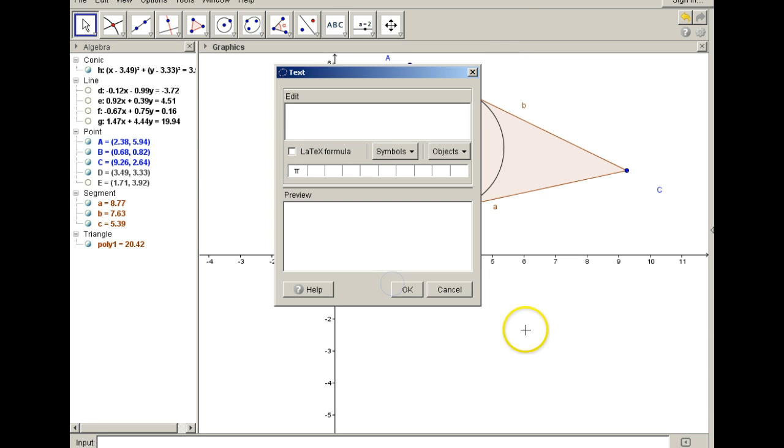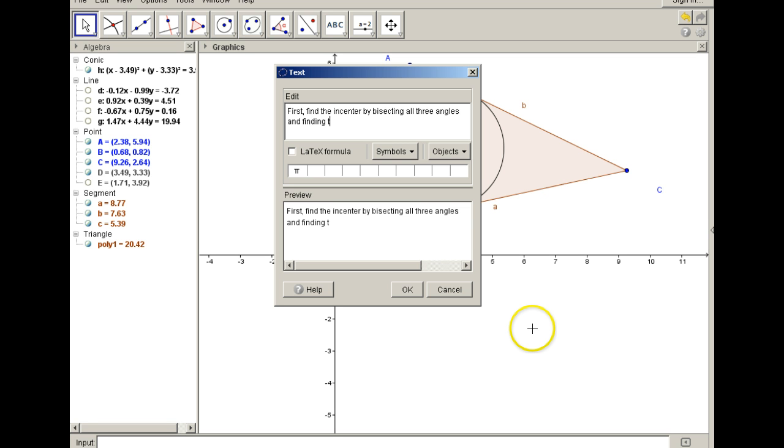Here we go. First note. First, find the incenter by bisecting all three angles and finding the point of concurrence. Okay, so what does that mean, concurrence? Well, this funny word concur means to agree.